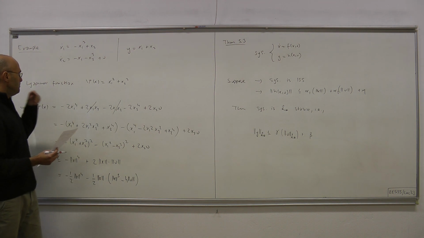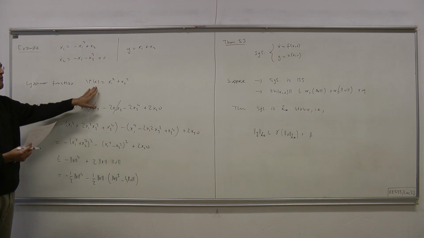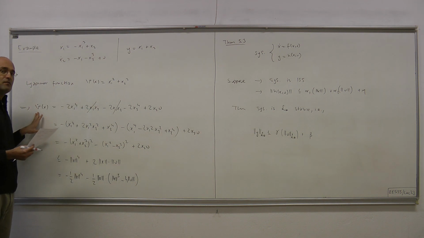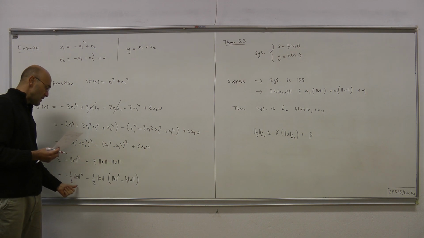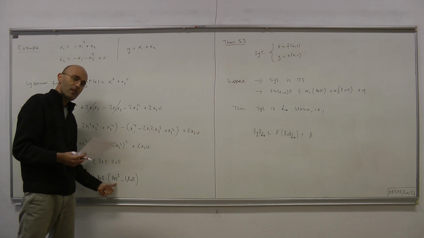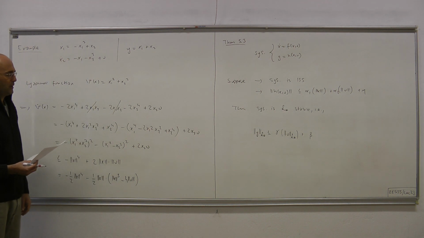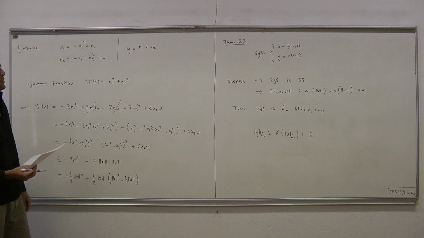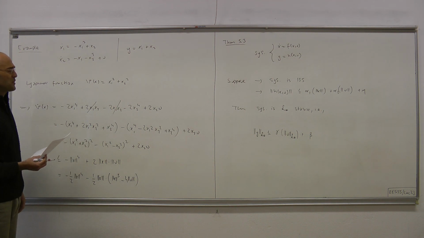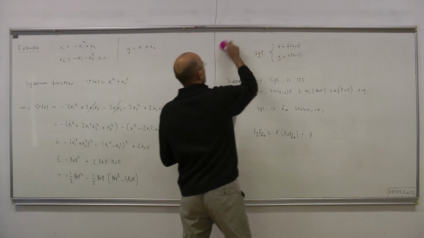Because we know from one of our earlier theorems that if we have a positive definite function and its derivative is negative definite, provided that the norm of the state is larger in some sense than the norm of the input, then your system is input to state stable. Okay, and this is exactly what we have here.